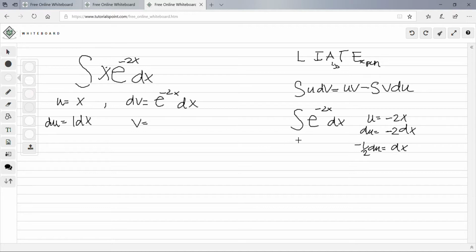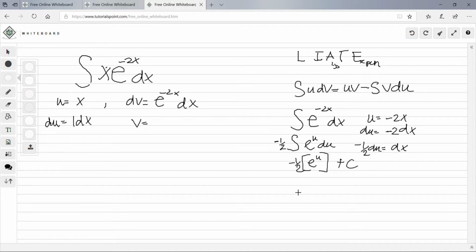Now we can simplify. This is a constant, so I'm going to put it in front of the integral. That's negative 1/2 times the integral of e to the u du. The integral of e to the u is just e to the u, times negative 1/2, plus c.